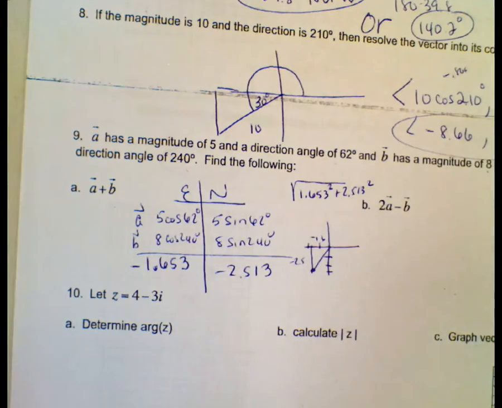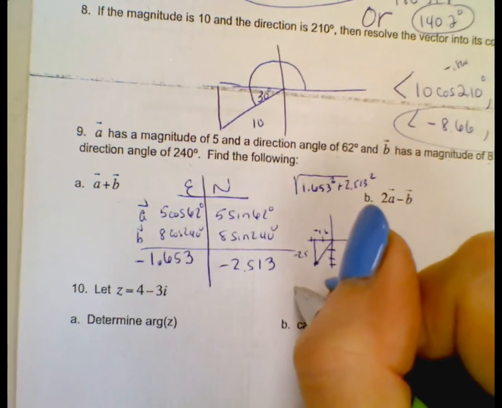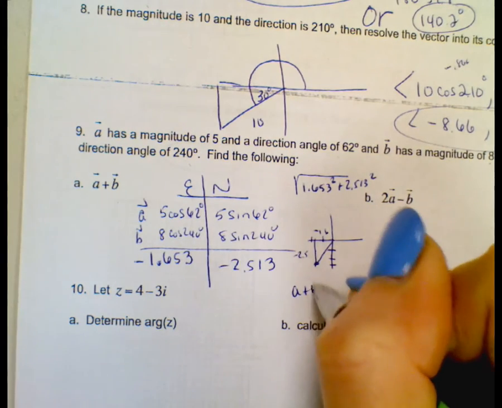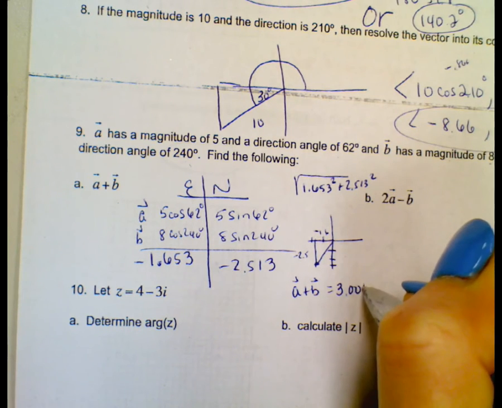The magnitude is 3.008. So the magnitude, or the sum, is 3.007.